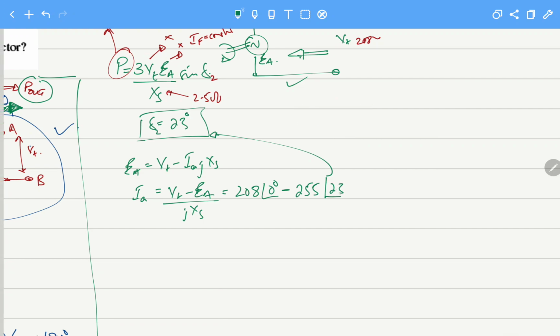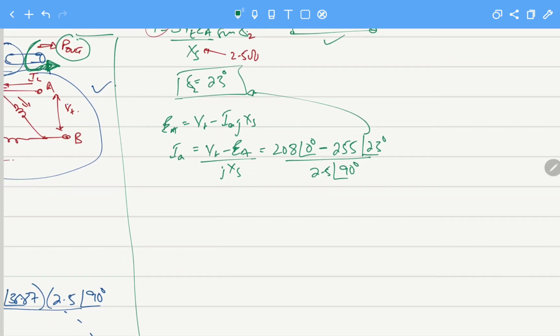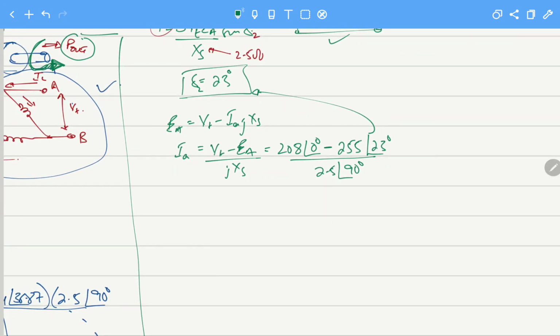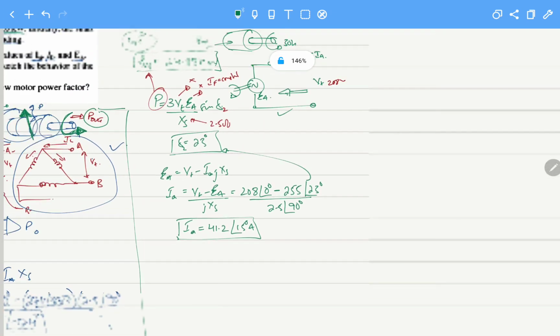So here it will be 23 degrees, divided by 2.5 with angle 90 degrees, which is j2.5. By solving this, we get IA equal to 41.2 with angle 15 degrees. So this is our armature current.